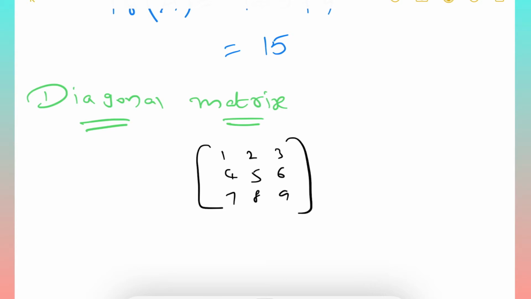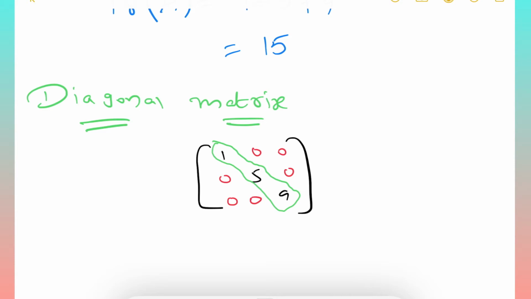In any square matrix, only the diagonals should be numbers and all remaining elements should be zeros. So here if you observe, 1, 5, 9 come under the diagonal. Only these elements should be any number and all remaining elements, that is 2, 3, 6, 8, 7, 4, should be zeros. This kind of matrix is called a diagonal matrix.